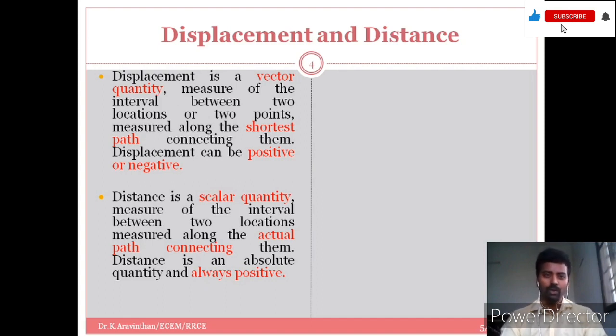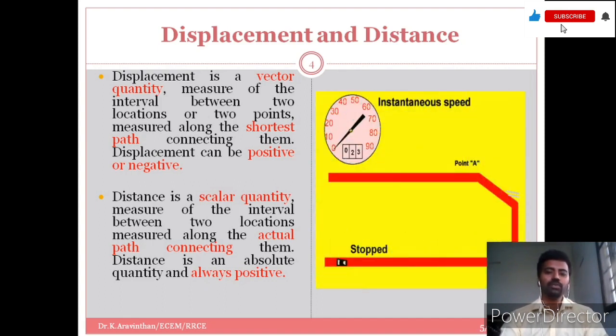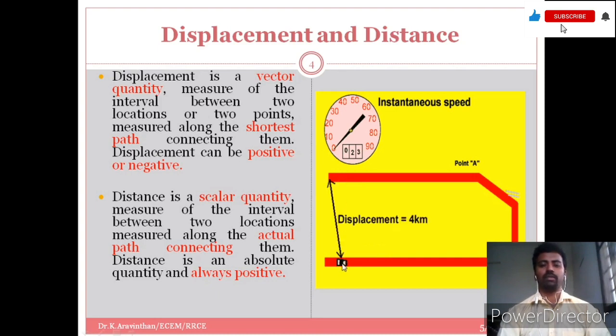Right now we will discuss the two components, displacement and distance. Here you can see a car. This car is travelling from the initial position to the end position. You can see that the car is moving from a particular place and reaching a particular place.